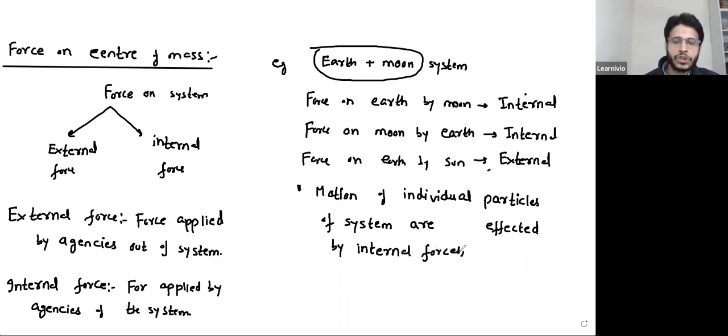So internal forces can affect the motion of individual particles. Like due to this internal force, Earth moves. Due to this internal force, Moon moves. But due to these internal forces, center of mass will not move.